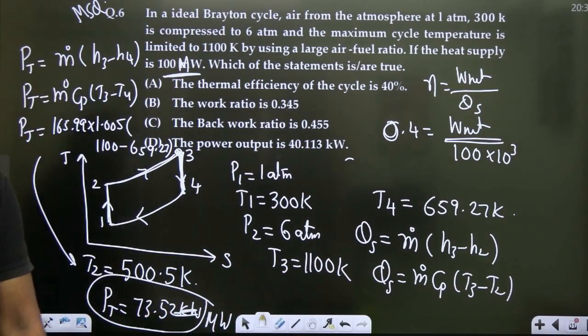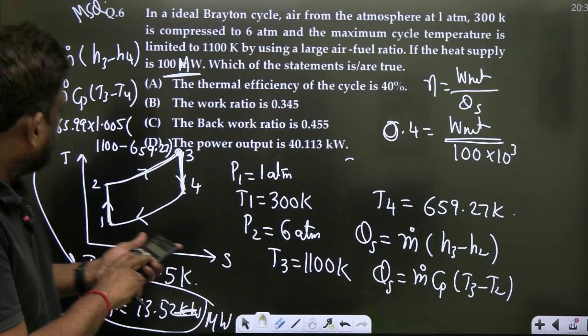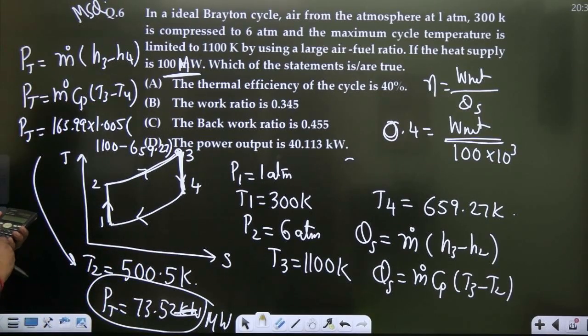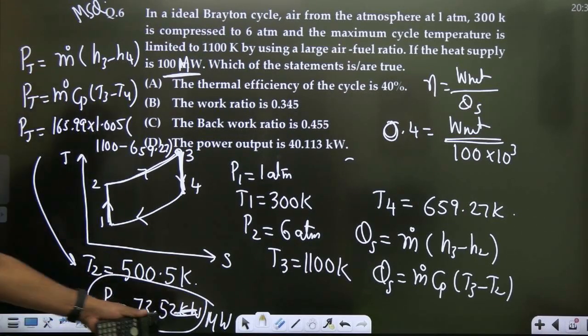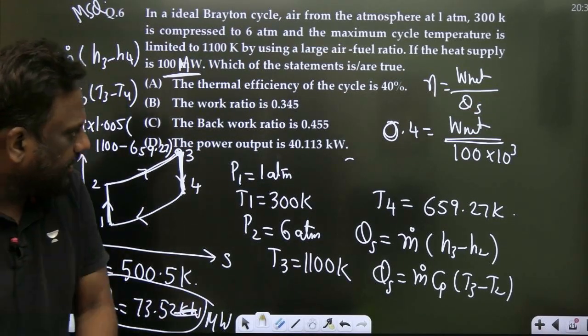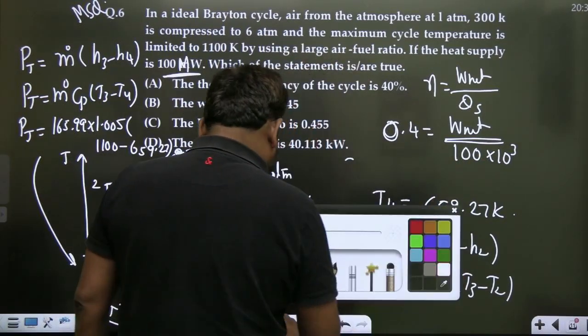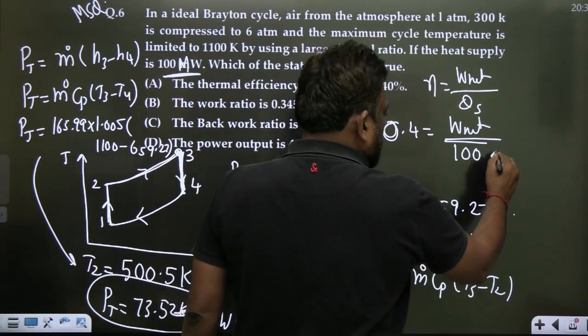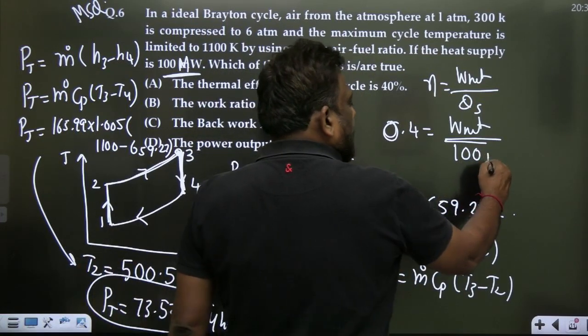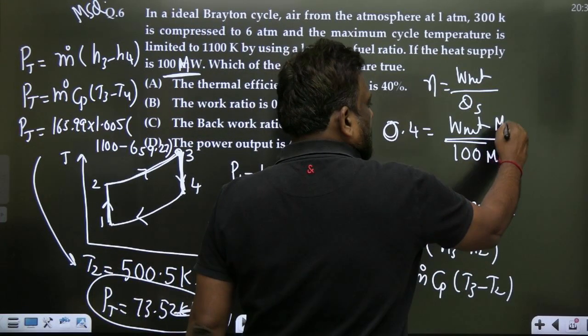Let me check once. Let me calculate. So 165.99. Yes. This is in megawatt, so therefore this is also in megawatt. So let's calculate in megawatt. If I put this 100 in megawatt, this will also be in megawatt.